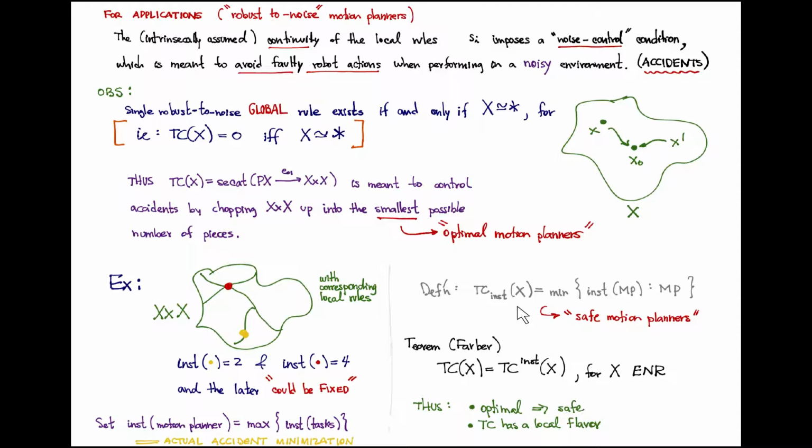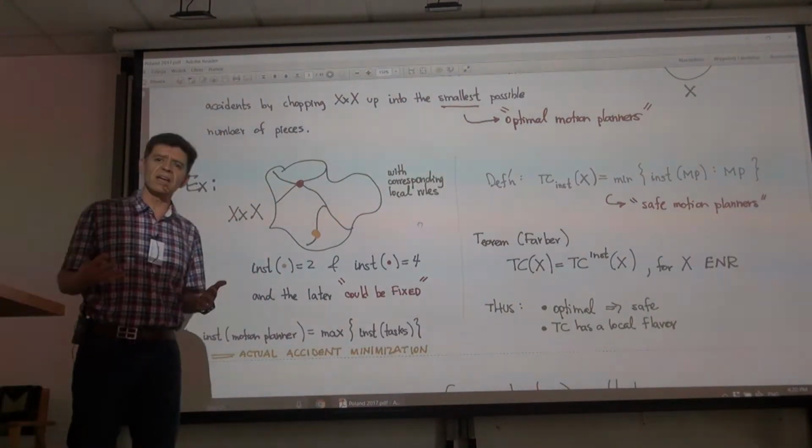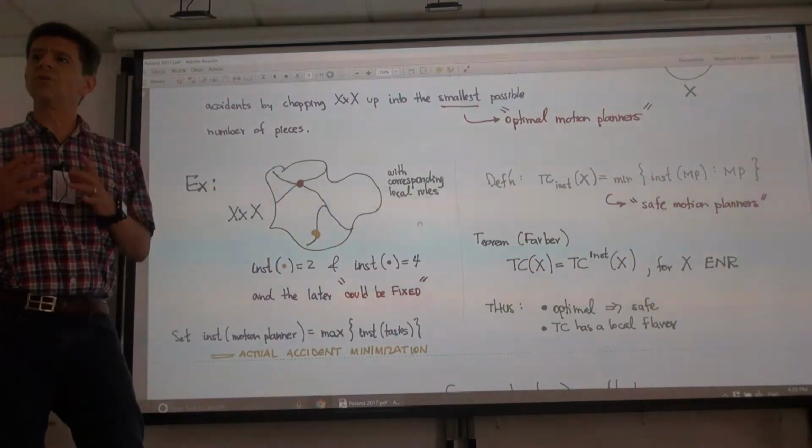And one could define the topological complexity in terms of this notion by minimizing the instability of motion planners, namely taking a motion planner with the least possible chance of having an accident. A basic result of Farber is that the two numbers agree if the space is nice enough, a Euclidean neighborhood retract.